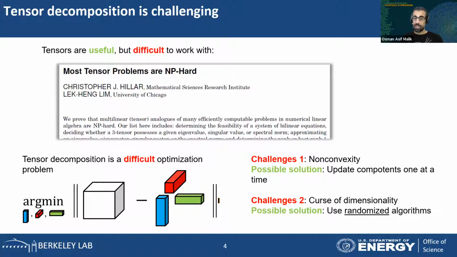But then there is a second challenge that comes in when you have tensors that are larger, and especially if they have many modes or many indices. And this is the curse of dimensionality. And this is the challenge that we try to tackle in these papers that I'm talking about today. And we do this by using randomization. So we incorporate techniques from randomized numerical linear algebra to handle this challenge.